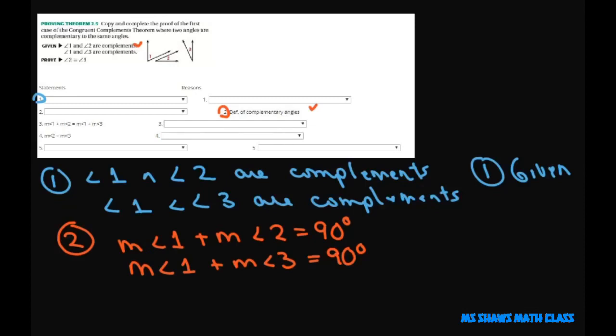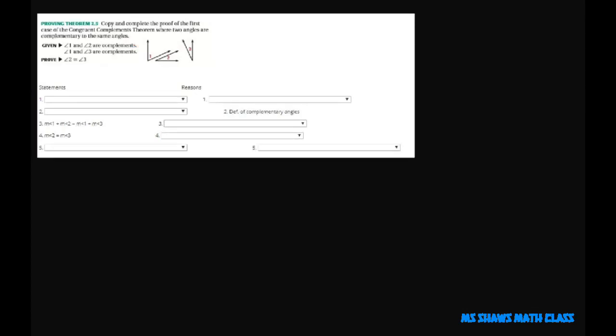So for number 3, move on to number 3. 3 states that measure of angle 1 plus the measure of angle 2 equals the measure of angle 1 plus the measure of angle 3.